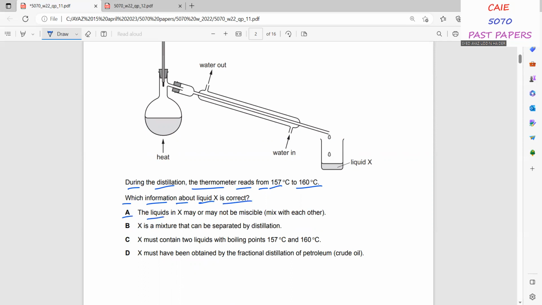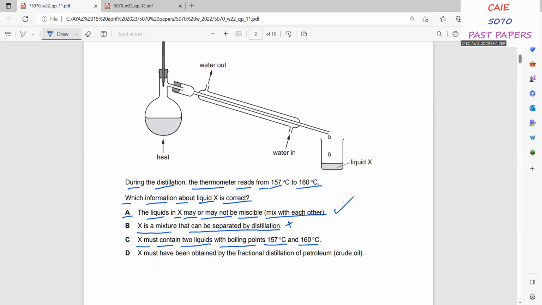A, the liquids in X may or may not be miscible with each other. This might be true. B, X is a mixture that can be separated by distillation. If it can be separated by distillation, we must have only one medium, so this is incorrect. C, X must contain two liquids with boiling points 150 degrees centigrade and 160 degrees centigrade.